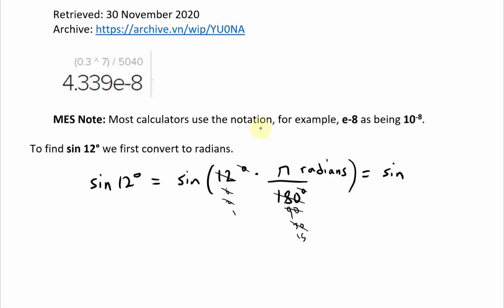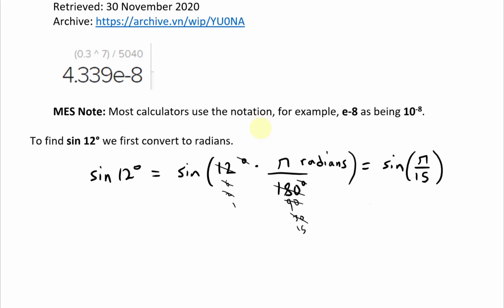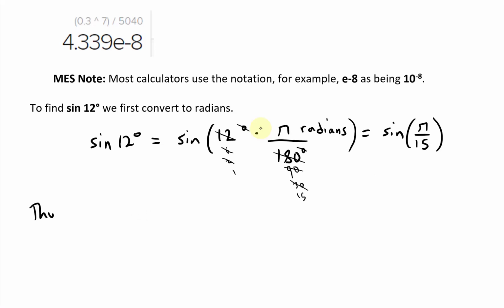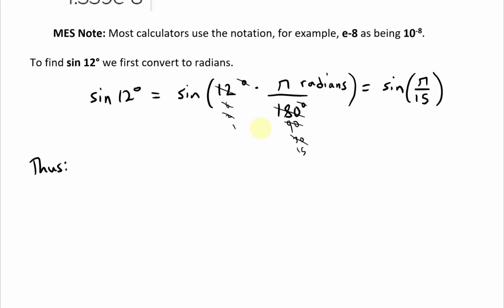So just speed up the algebra there. So this is going to equal sine of pi over 15 in radians. And usually it's just written like that, and then we could just ignore the radians, as it's just assumed. So thus now we could plug that in. That's our x value.